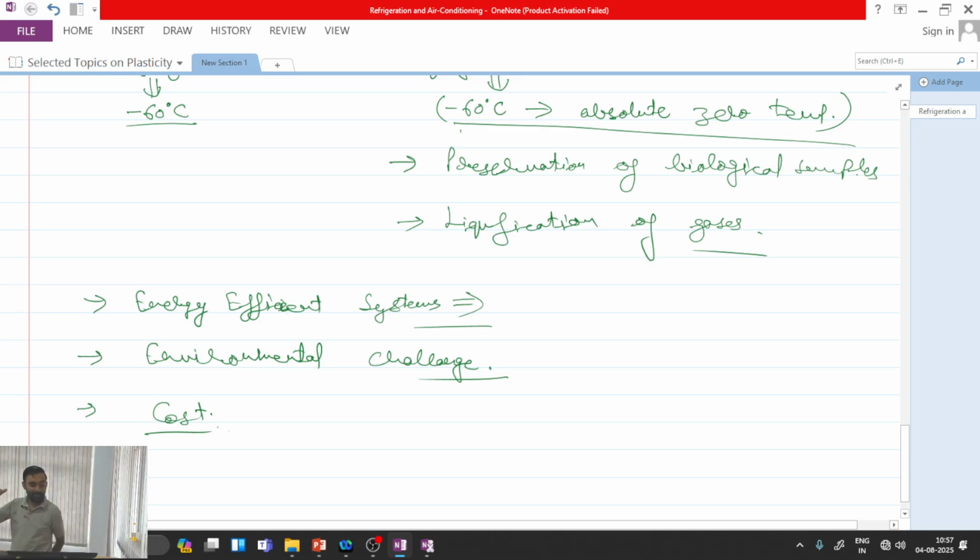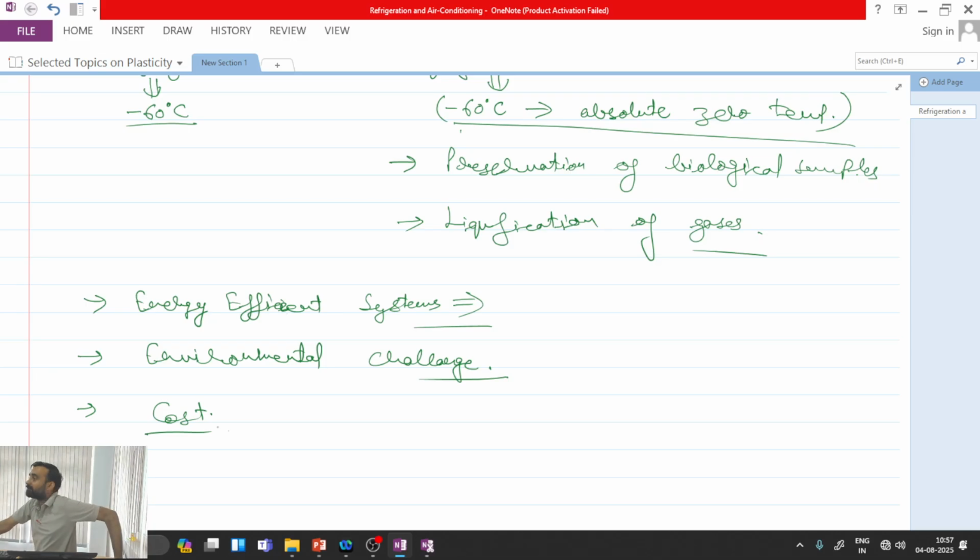Okay, maybe you have made an extremely energy efficient system, extremely environmentally favorable system, but the cost of your room AC is 1 crore. Will people be able to purchase that? People will not be using. You have made it energy efficient, you have made it environmentally efficient, but people will not be able to afford it.